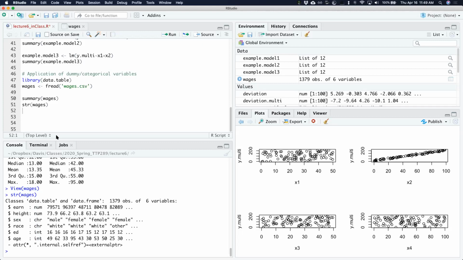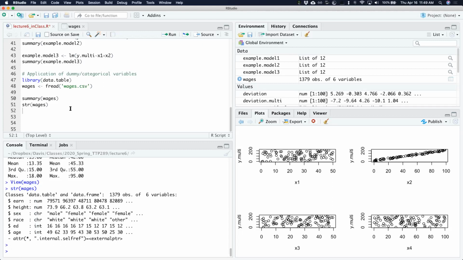So let us create a model. What I'm going to do is run a regression that looks something like this.